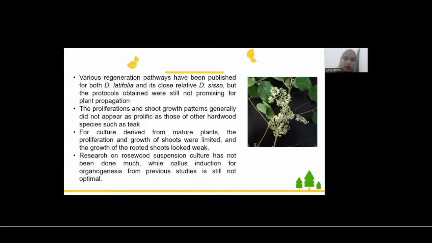For cultures derived from mature plants, the proliferation and growth of shoots were limited, and the growth of rooted shoots looked weak. Research on rosewood suspension culture has not been done much, while callus induction for organogenesis from previous studies is still not optimal. So in this research, I will study suspension culture.